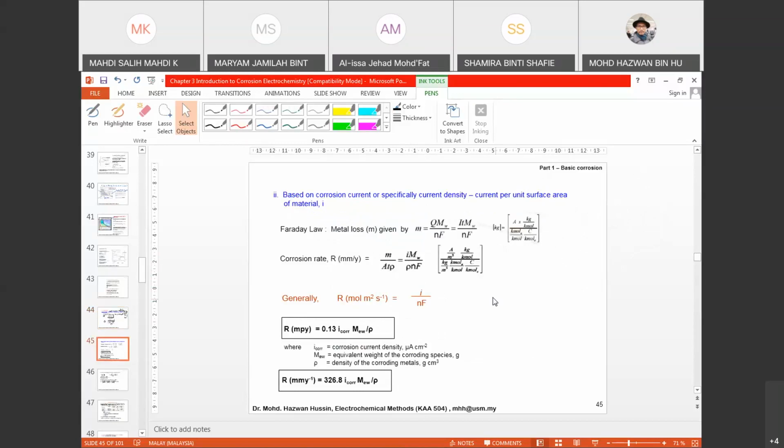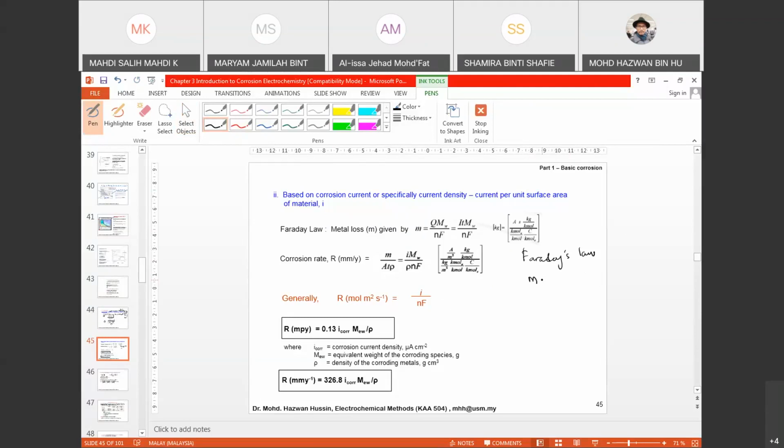But for this one, we have another formula to calculate corrosion rate or even metal loss, which relates to the corrosion current. The formula that we'll use is known as Faraday's law.